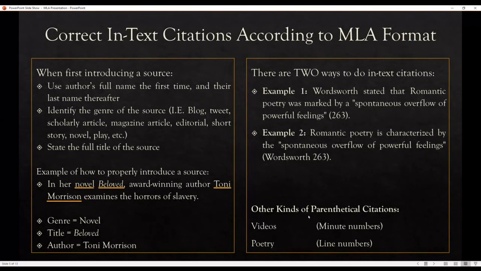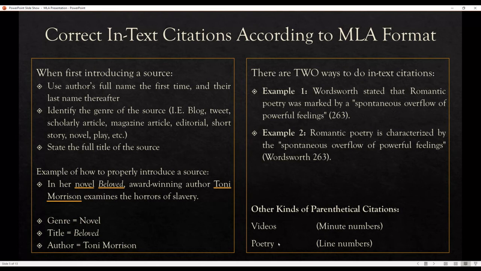And of course, there are other kinds of parenthetical citations. For instance, when we're citing videos, rather than a page number, we'll want to cite the minute in the video from which the quote is drawn. So if it's, say, a 15-minute video, and the quote is from the 7th minute, we want to cite minute 7.